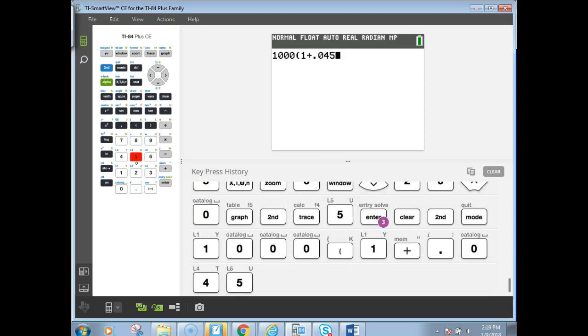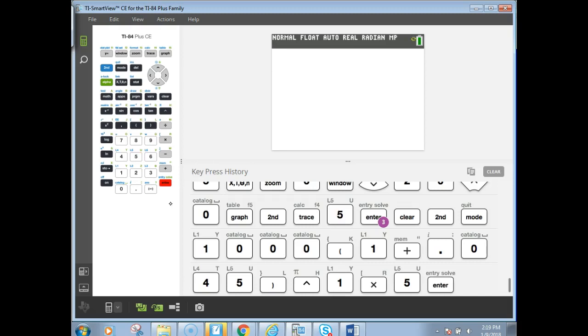Did you have 0.045? Okay. Close it, to the 1 times 5. If it didn't stay in an exponent, then it would have gotten a lot bigger. So I'm not sure what happened. Do you get it now? Did you try again?